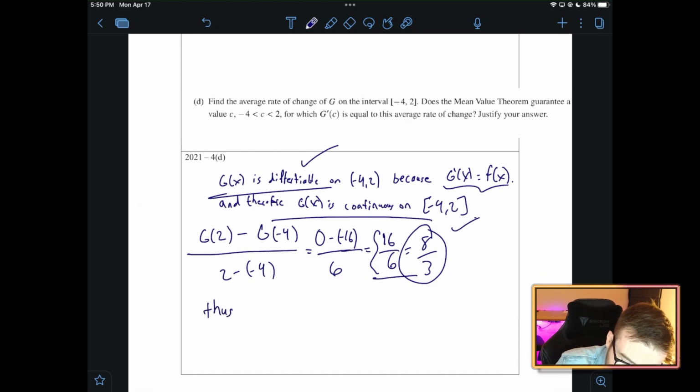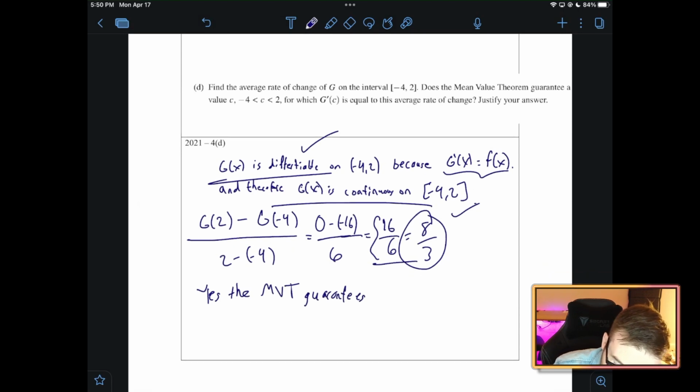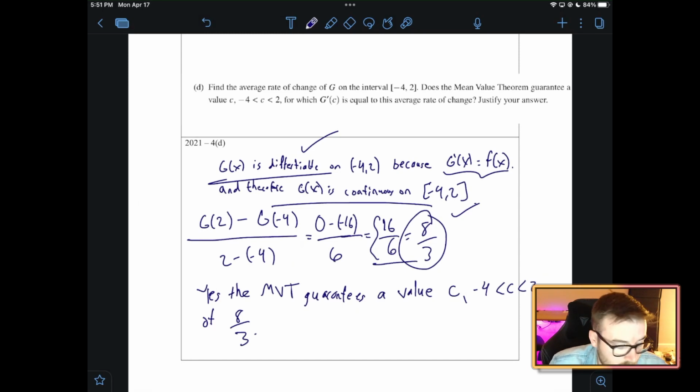Thus, so yes, the mean value theorem guarantees a value C between negative 4 and 2 of 8/3. I think that's all you got to say.